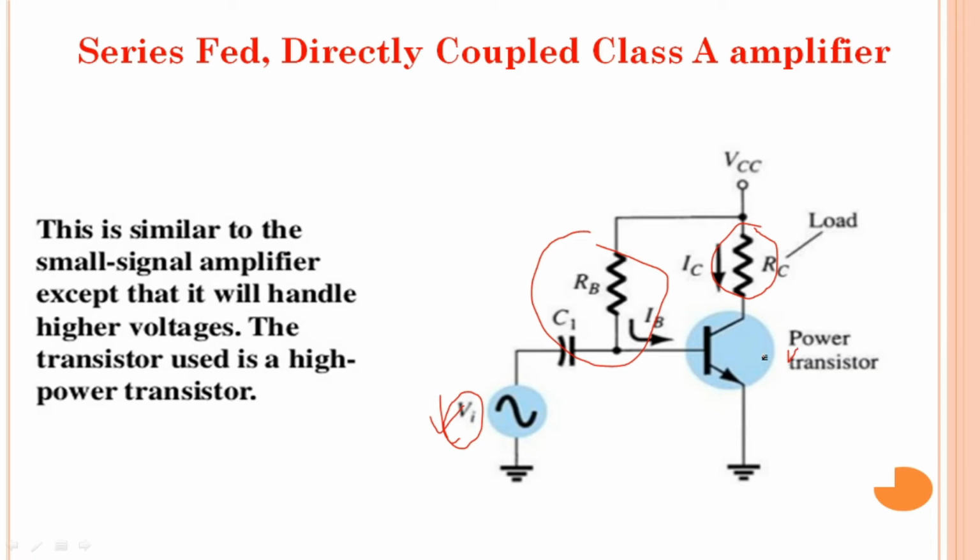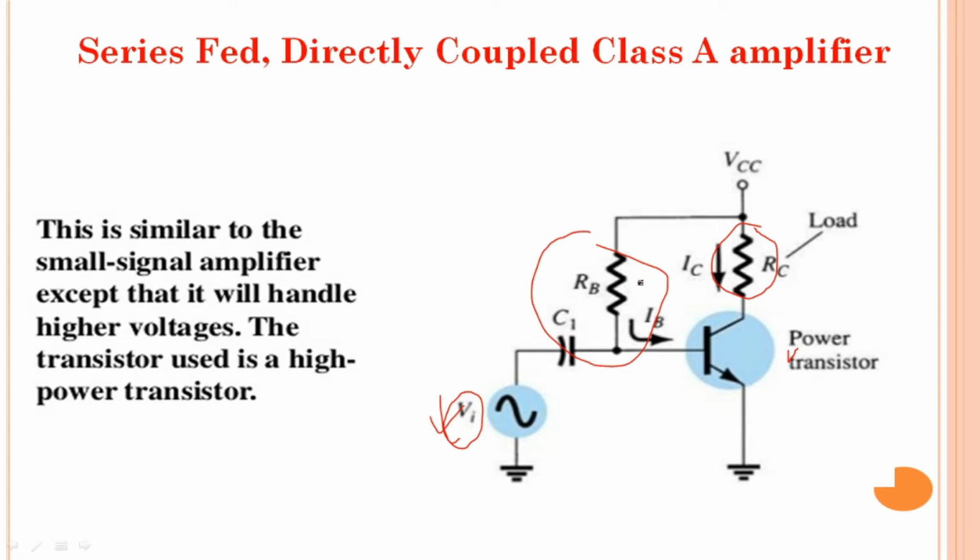So we replace the simple transistor by a power transistor, and instead of a small signal we apply a high voltage. This is the basic difference between a small signal amplifier and our power amplifier.